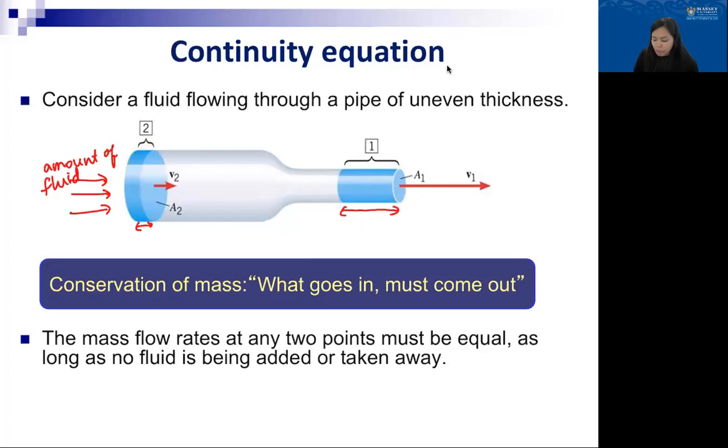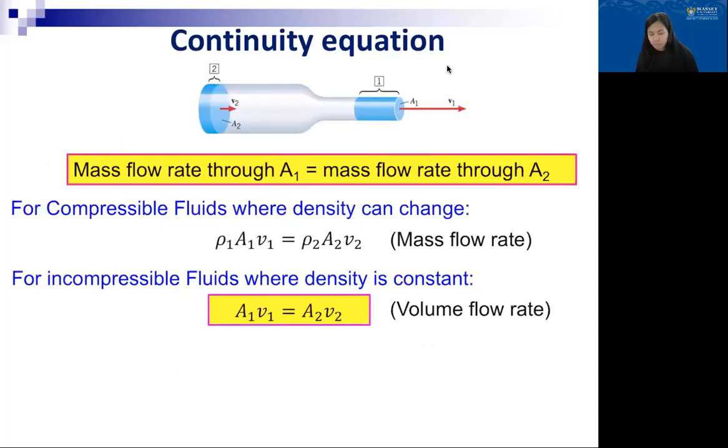So putting that definition in equation form, we can write the continuity equation as the mass flow rate through cross-sectional area A1 being equal to the mass flow rate through cross-sectional area A2.